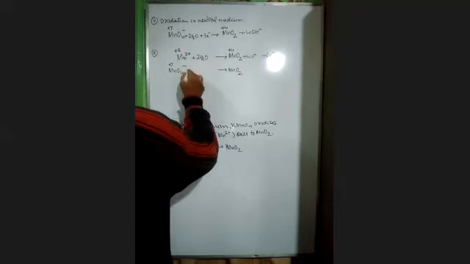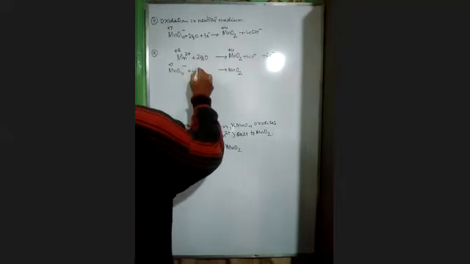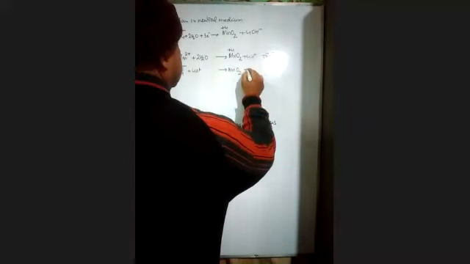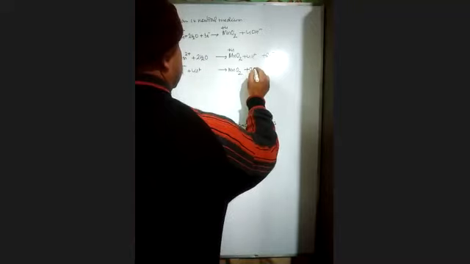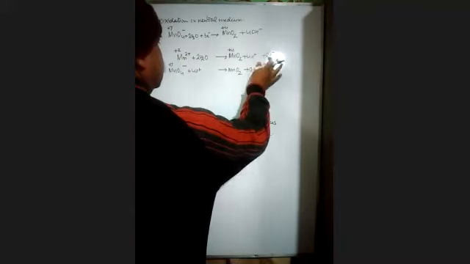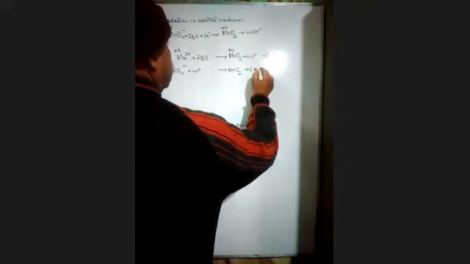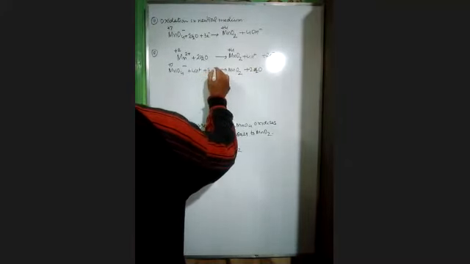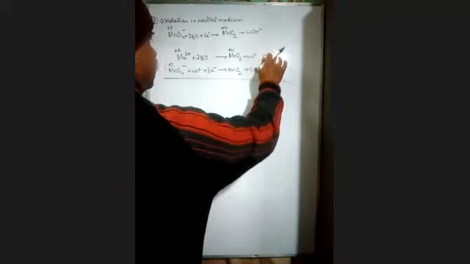So now I'll write here 4H plus. I have to remove 2 now. I'll write here 2H2. And how many electrons has it taken? 3 electrons. Add, multiply and add.